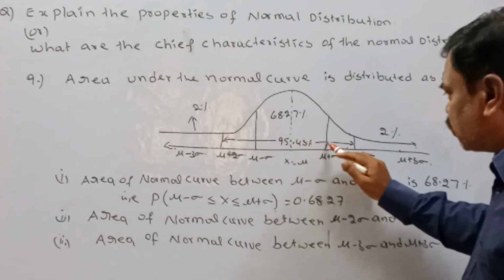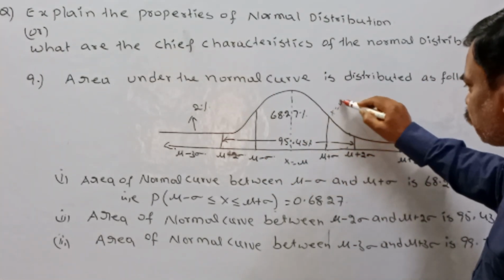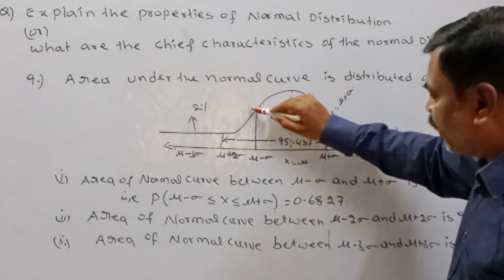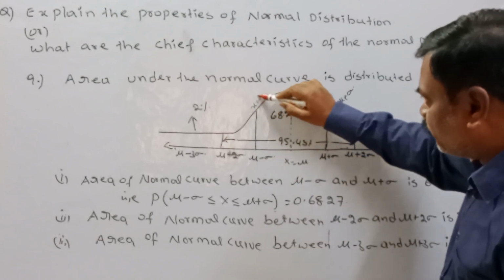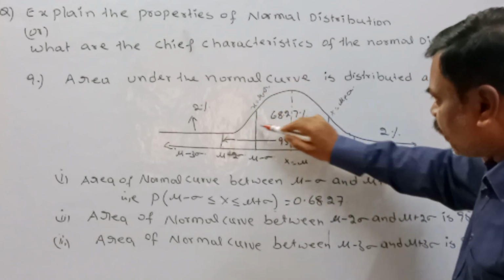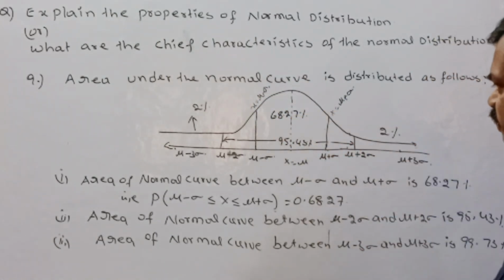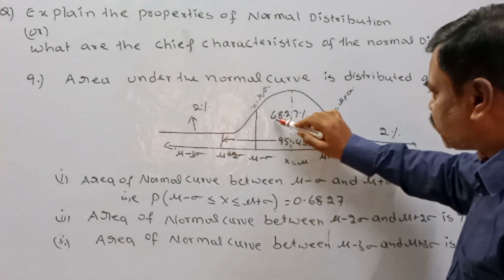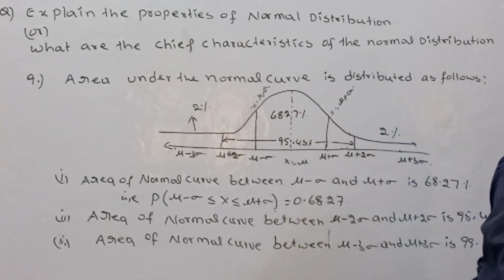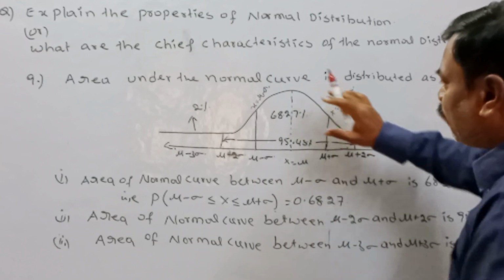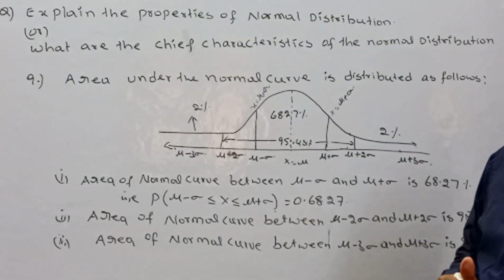The area in between these two lines, x equal to mu plus sigma and x equal to mu minus sigma, is 68.27% of the total area of the normal curve.